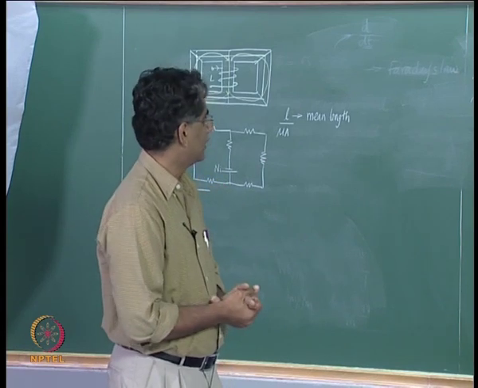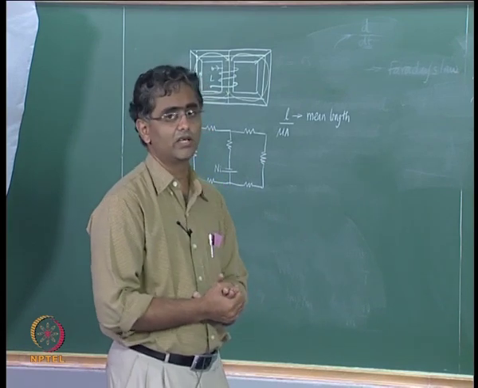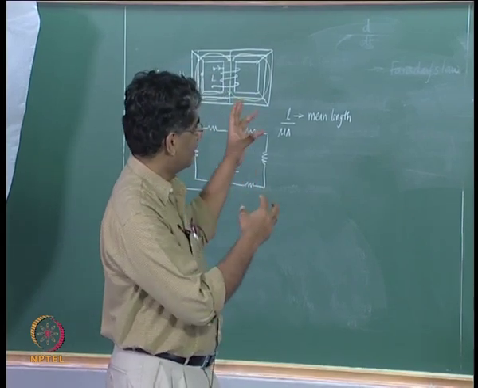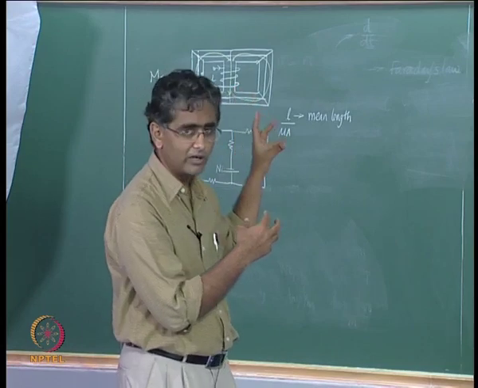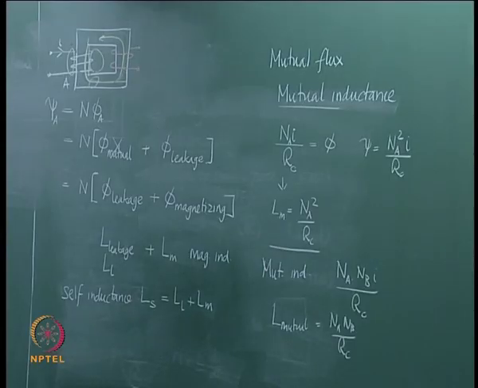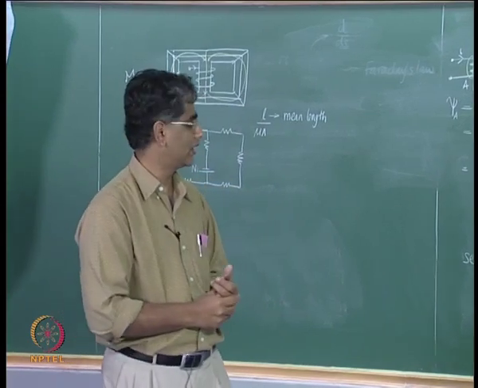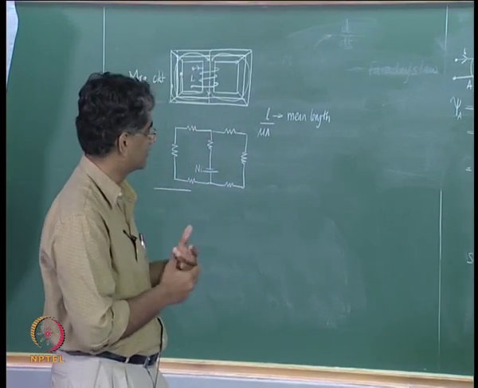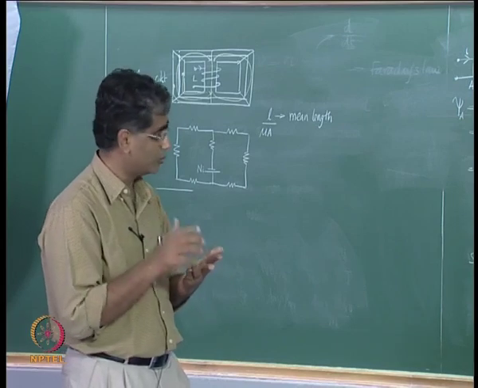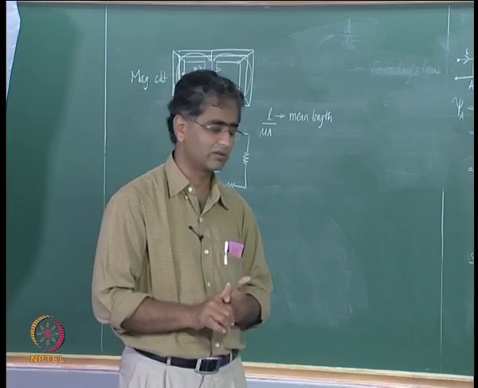Though the electromagnetic phenomenon is the same, for our utility we can look at the magnetic field in various groups, the leakage and flux that links different things, and therefore we can imagine the system to have leakage inductance and then a mutual inductance and magnetizing inductance.